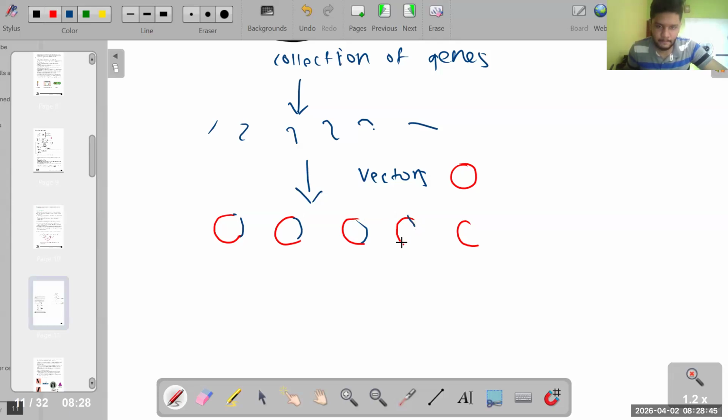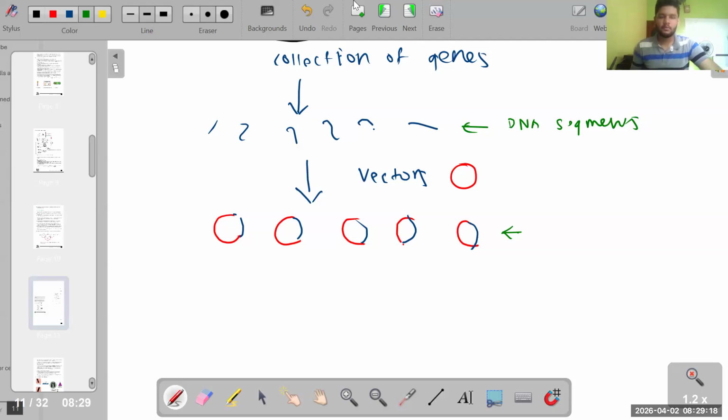What are these? So these are called DNA segments, right? What are these called? Give it a try.